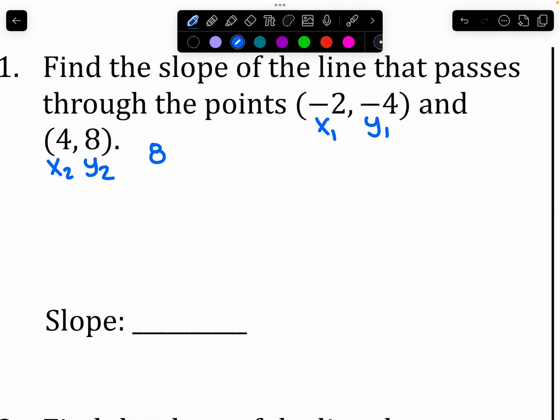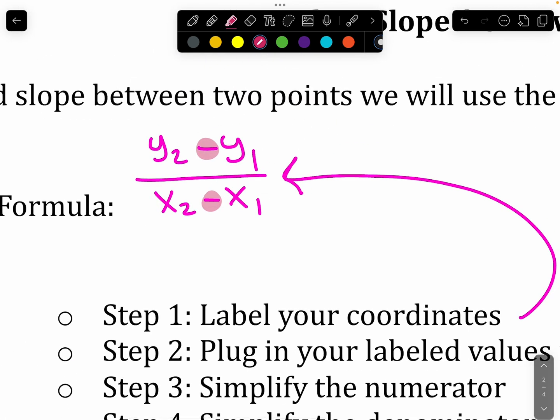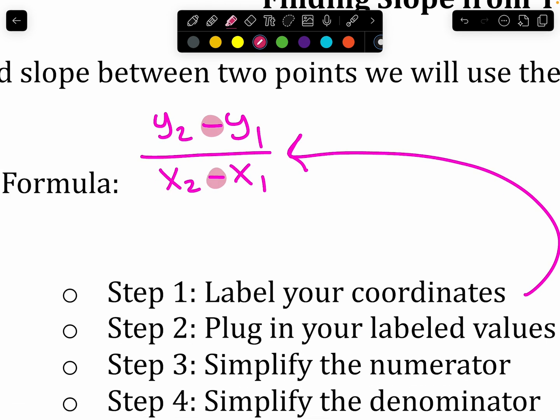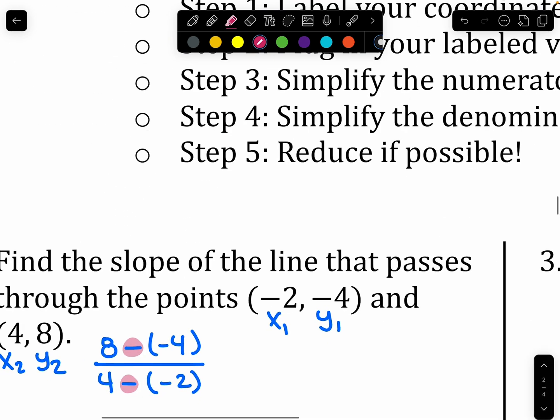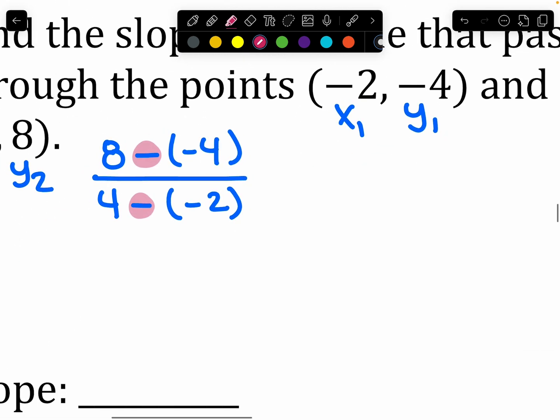All right, so let's start here. We have y2 minus y1 over x2 minus x1. So this minus sign here is from the formula up there. Okay, so those minus signs must go in your formula. But my y1 value and my x1 value are also negative.